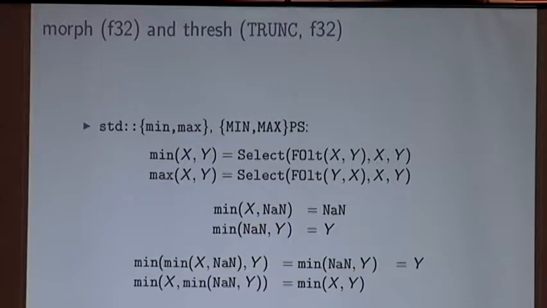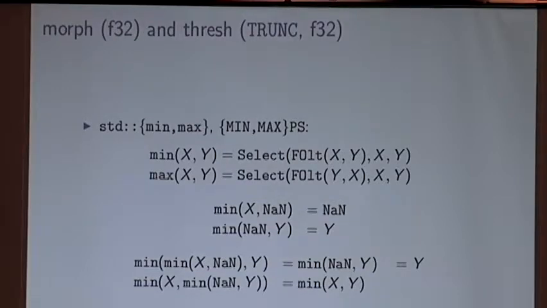At the top there you see the standard implementation of min and max, which is used in the STL library as well as in the SSE instruction set. Underneath that you see that min is in fact not commutative, and you can see underneath that it's not associative either.